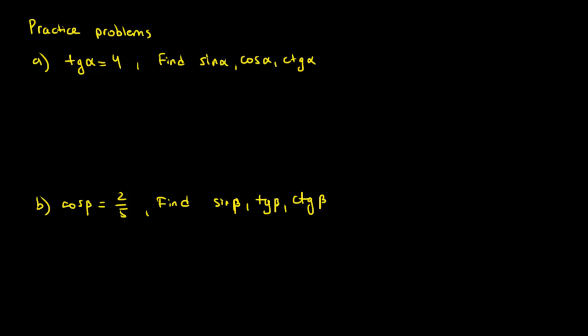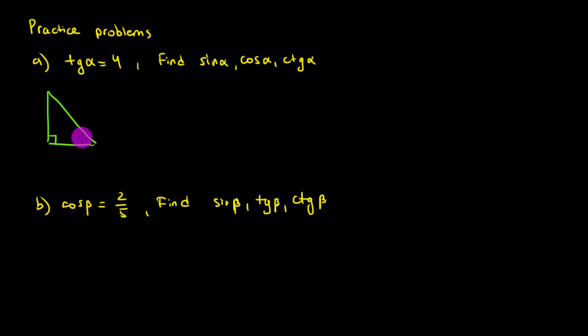If you look at problem A, you have tangent alpha equal to 4, and you have to find the sine alpha, cosine alpha, and cotangent alpha. Let's say you have some right triangle, and you can locate alpha at any of the angles.